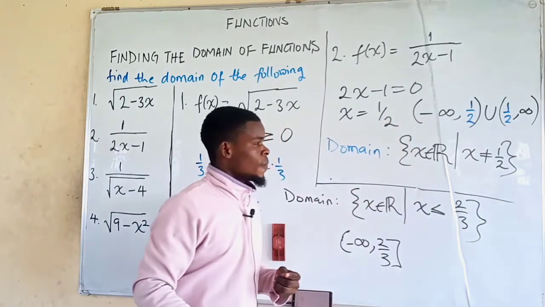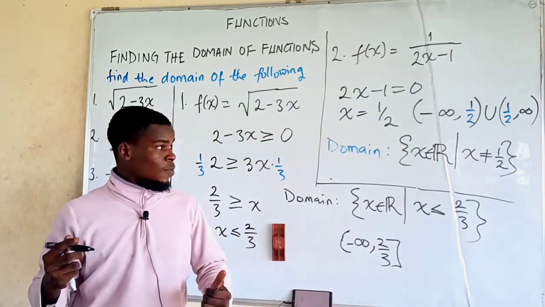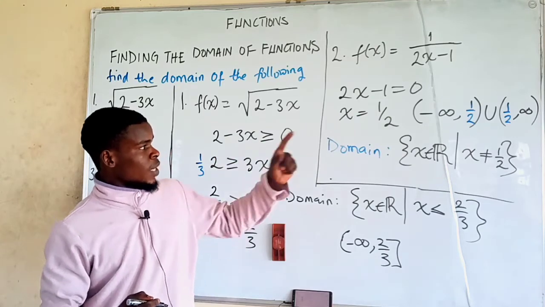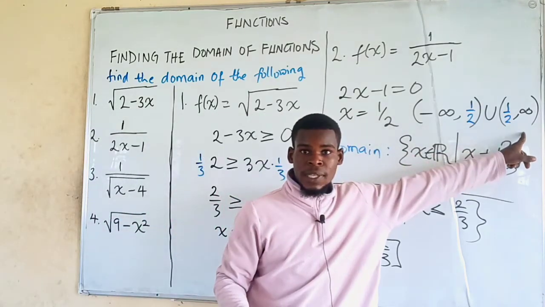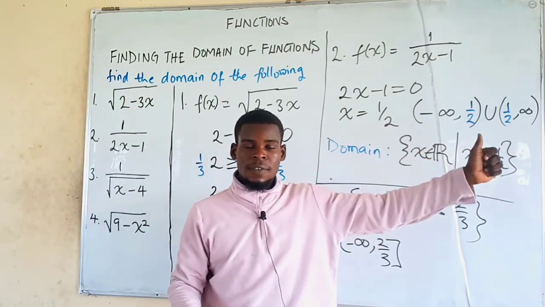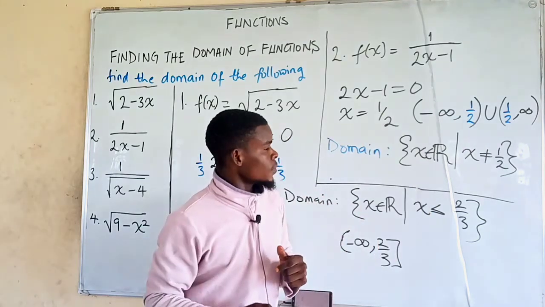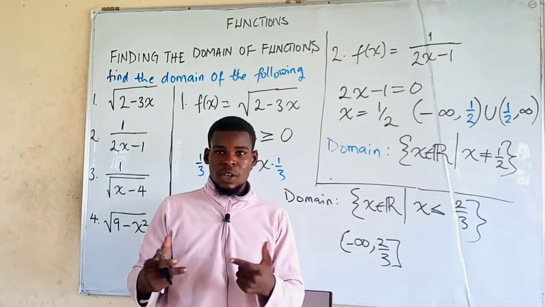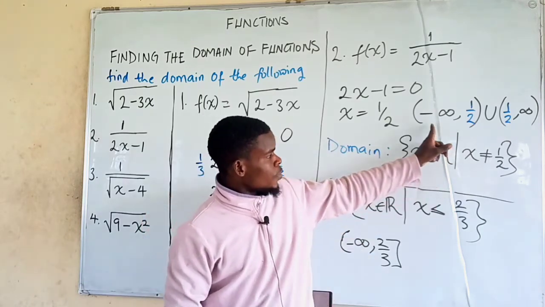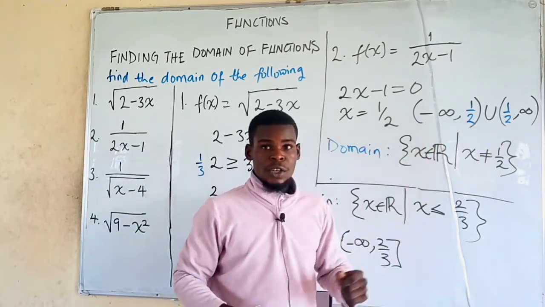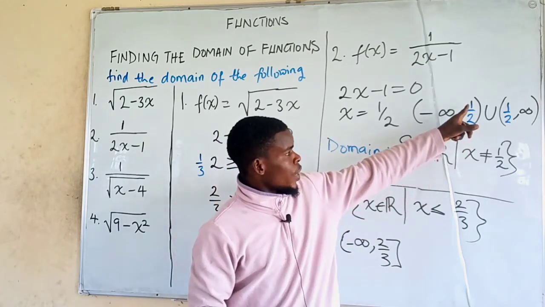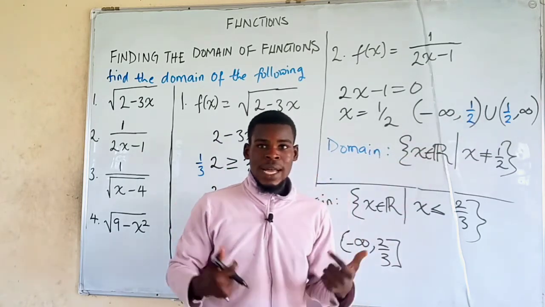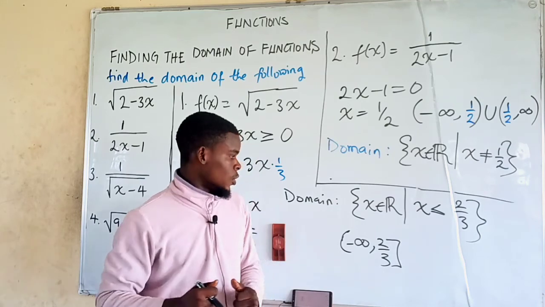Since the set of real numbers starts from negative infinity all the way to positive infinity, we exclude the point 1/2, which we do not want. So we want every other number except that point. I'm using a union of two intervals where I exclude only the 1/2 and take every other point on the real line. Good. Okay, great.